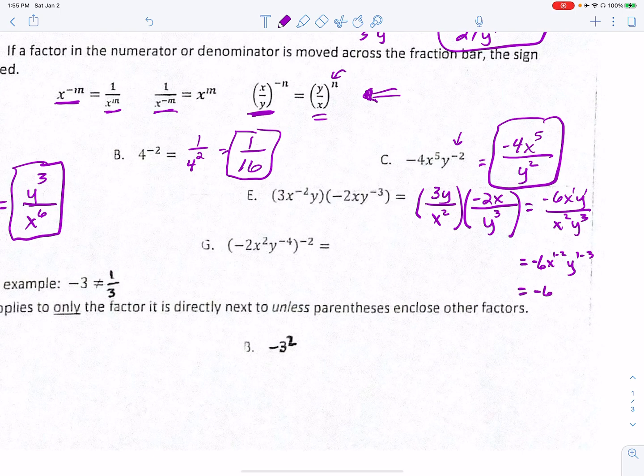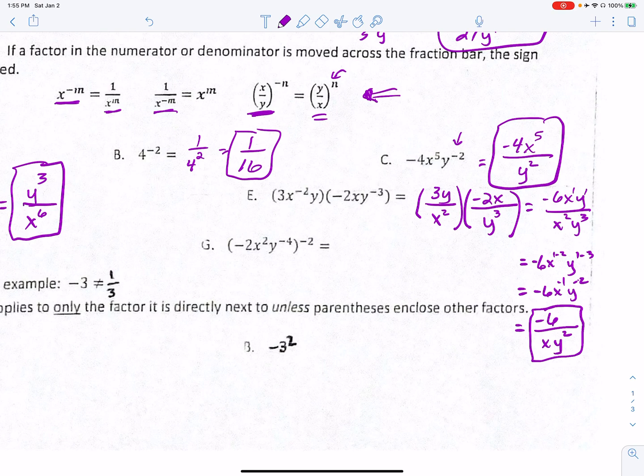So I have a negative 6x to the negative first, y to the negative second. But because I want everything to have positive exponents, the negative 6 could just stay in the numerator, but drop that to the first and the second in the denominator. And so there you have that.